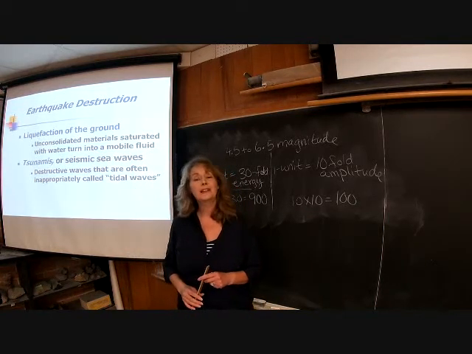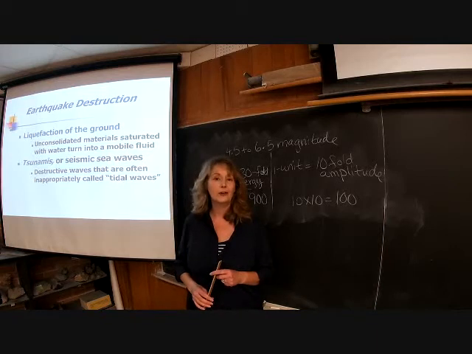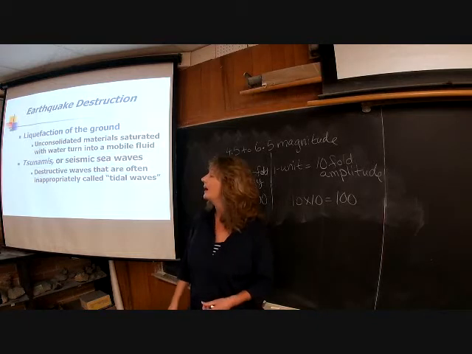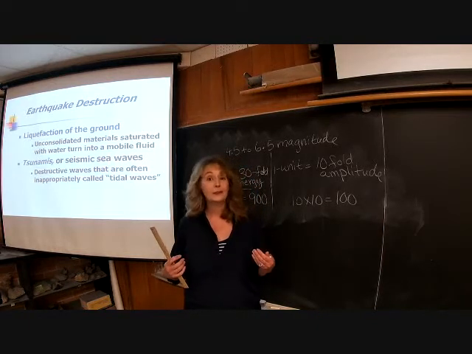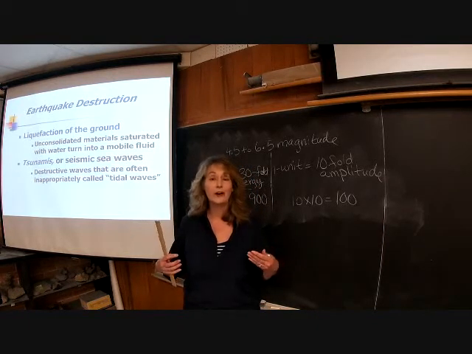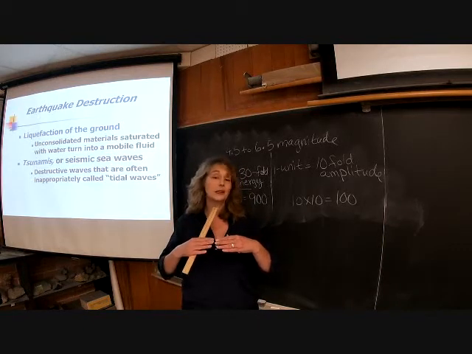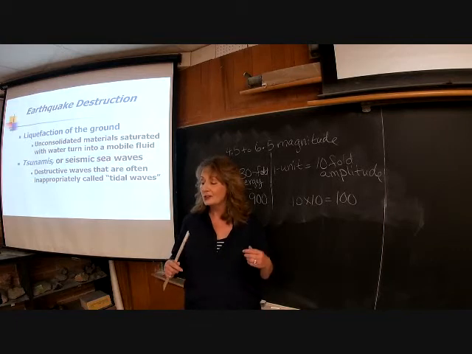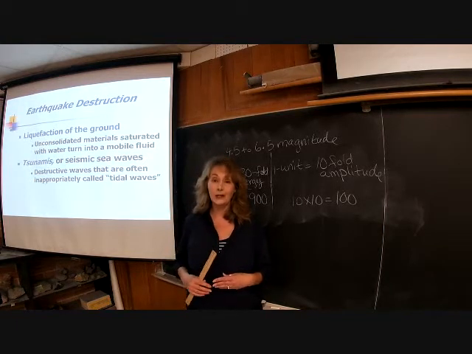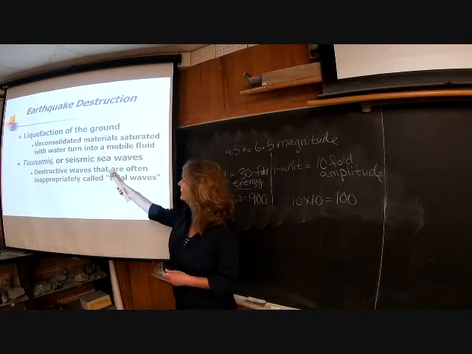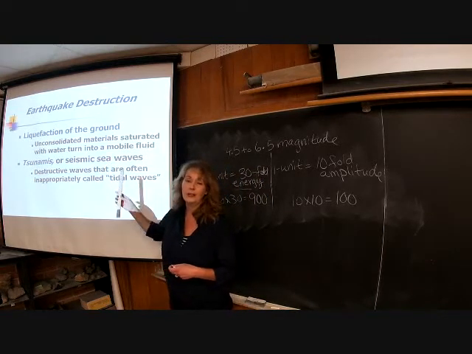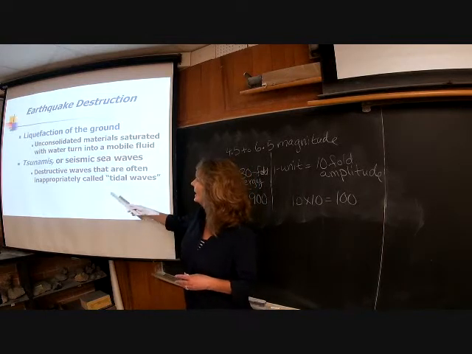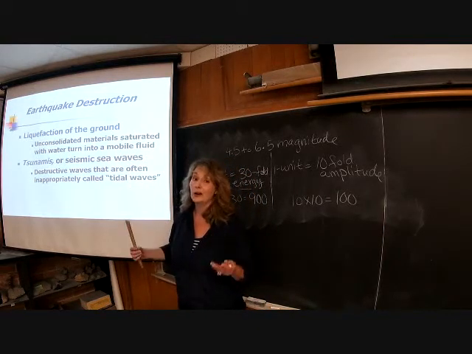Tsunamis. Tsunamis are earthquakes that occur on the ocean floor. Within the ocean, you remember we've got the Mid-Atlantic Ridge, right? It wants to move apart. Other places are coming together, convergent, creating all those volcanic island arcs out there. So we do have plate boundaries out in the ocean. And we call it a tsunami when you get the vibrations, the seismic waves, sea waves, and we've got water involved.